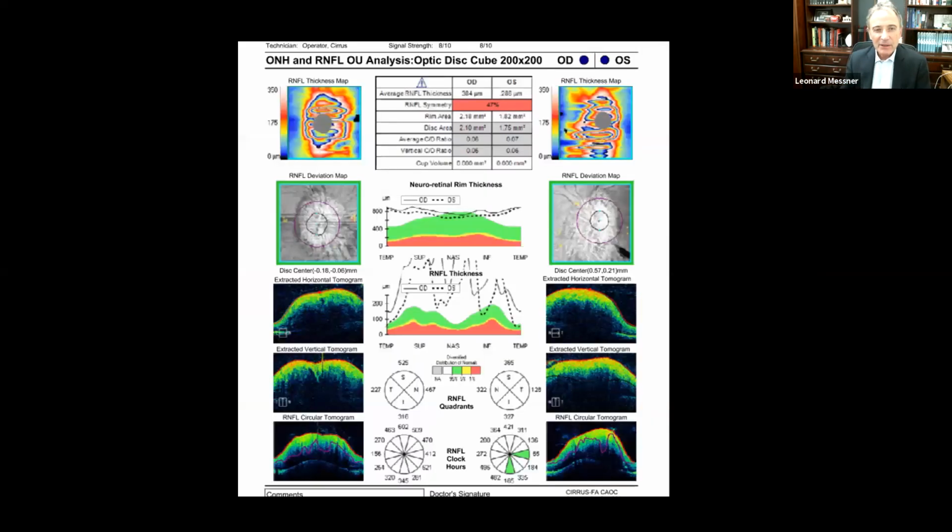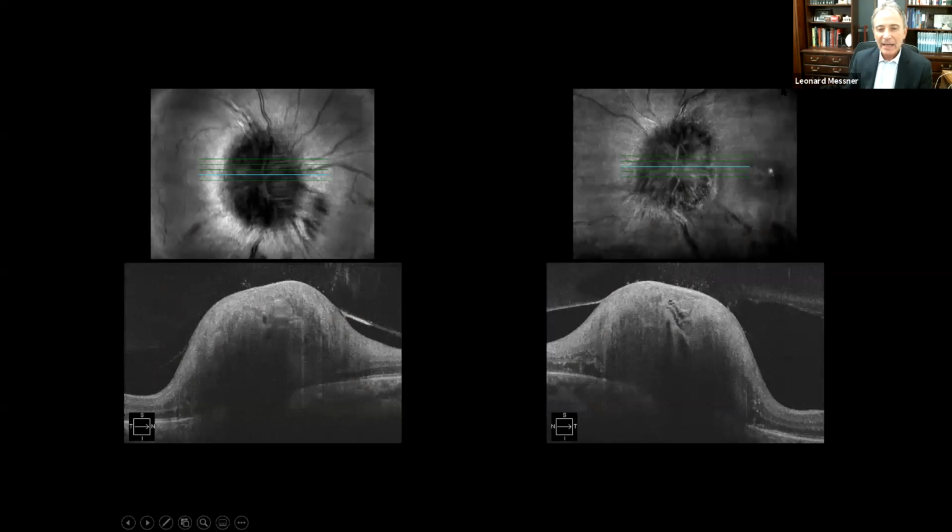Now, looking at the OCT findings specifically, you can see that there's considerable thickening of the retinal nerve fiber layer. 384 microns on the right side, 285 microns on the left. But looking at the raster scans, here you can see the significant elevation of the optic nerves here in the right eye, here in the left, as well as the inward deflection of the RPE Bruch's complex, both in the right eye as well as in the left.